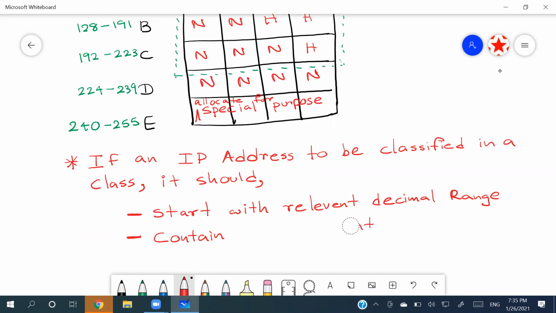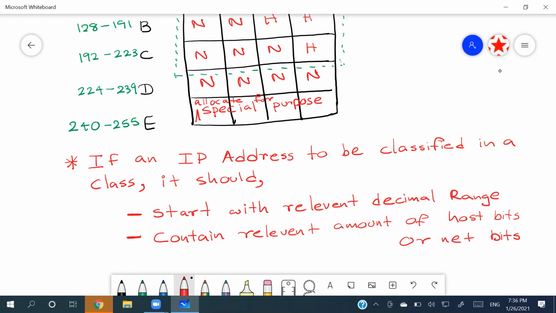Sorry, not the exact amount, the relevant amount. Right, those two factors should be there.